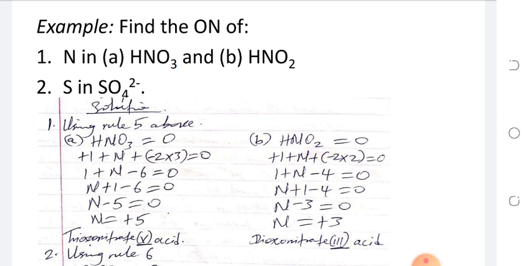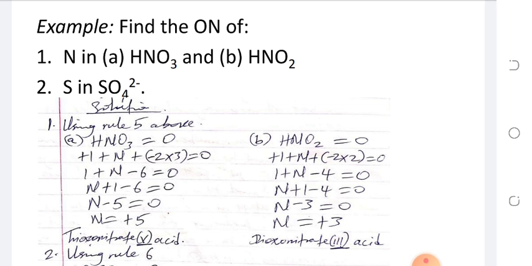So getting nitrogen to be equal to +3, the name of this particular compound will be dioxonitrate 3 acid. The 3 in brackets, a Roman numeral 3 in brackets, is the oxidation number of nitrogen.